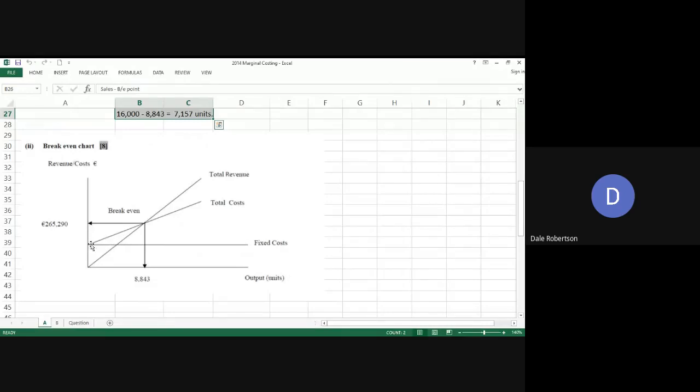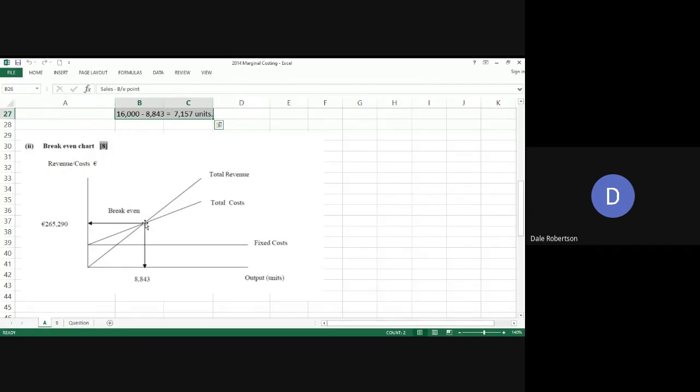Your total costs, which is your fixed plus your variable, will not start at 0 because it has to start at 105, the fixed. So it climbs from here and it goes out here, and you label that TC or total cost. Whereas your total revenue does start from 0 and it climbs at a slightly faster rate and it goes up to there. And where the costs and the revenue are identical, that is your break-even point.